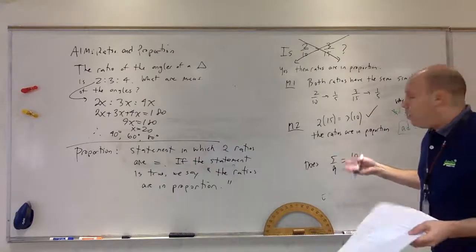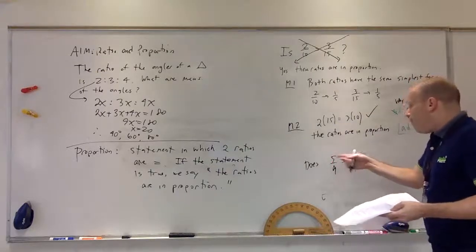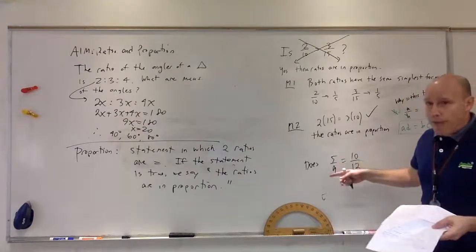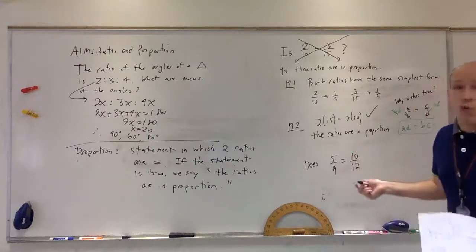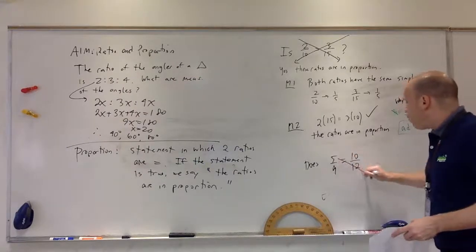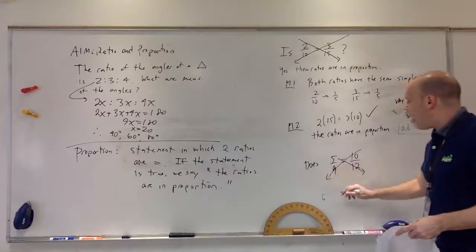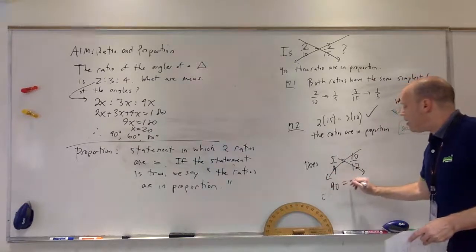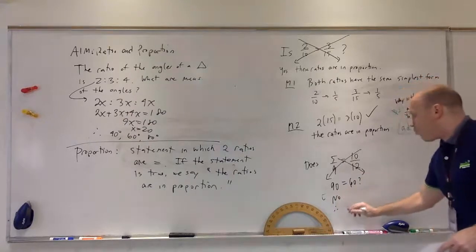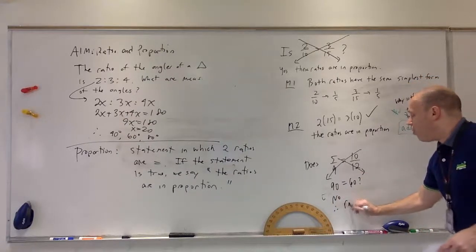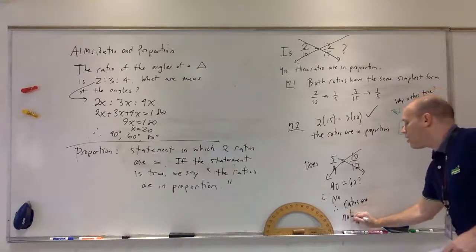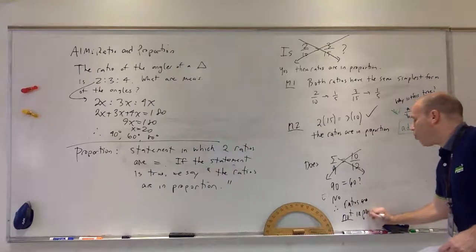You would say no. Either you say 10/12 reduces to 5/6, which is not 5/9, or you just cross multiply and check whether the statement is true. Does 5 times 12 equal 10 times 9? Is 60 equal to 90? No. Therefore, the ratios are not in proportion.